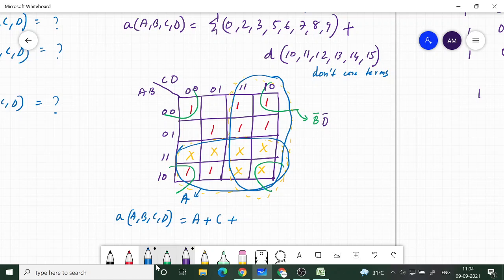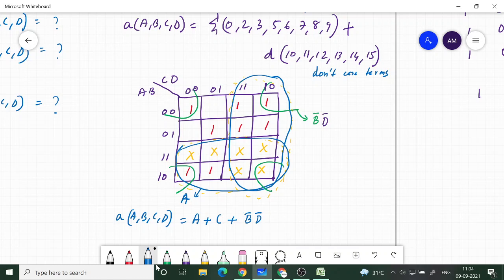So we can write B bar, D bar. Still there is one left. There is another one left. So now the green group, is it essential? Can you make it part of any other group of 4? No. So that is also essential. All these three are essential.